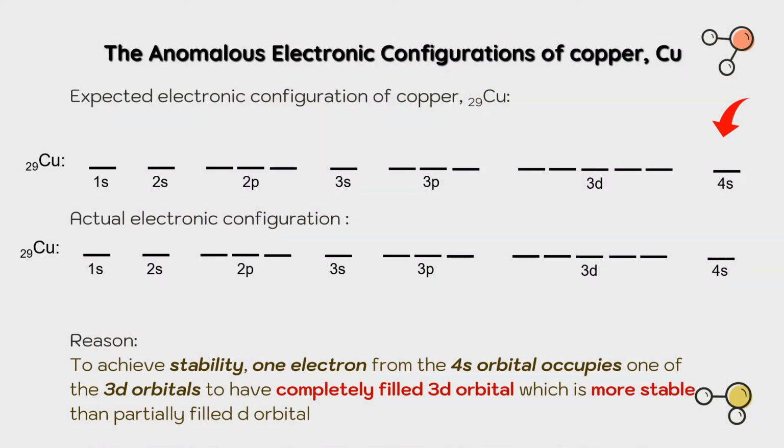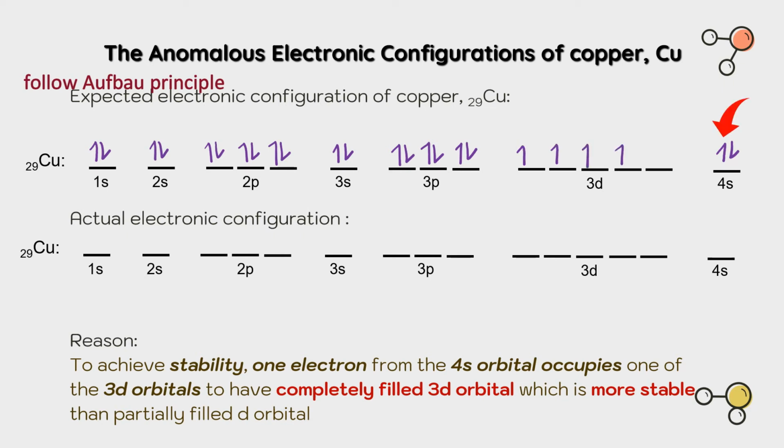The same reason applies to copper. So first, let's try to write the electron configuration of copper. As you can see in the arrangement of the electrons in this 3d orbital, we have 4 paired electrons, 4 elektron yang berpasangan, and 1 single electron here.